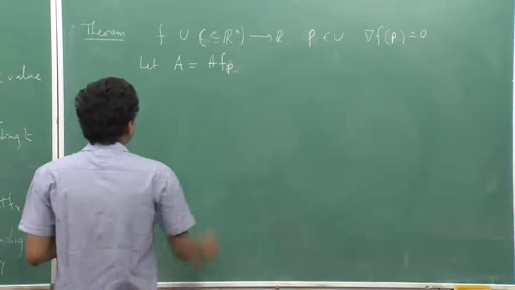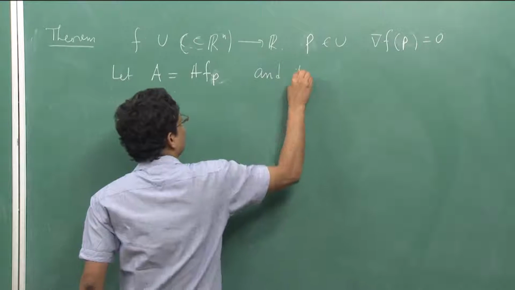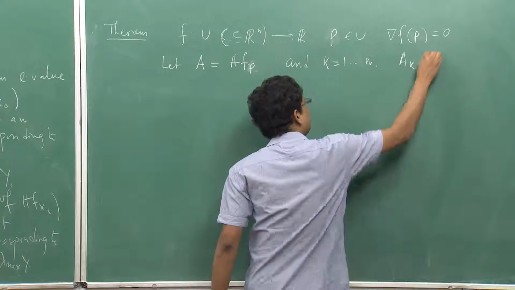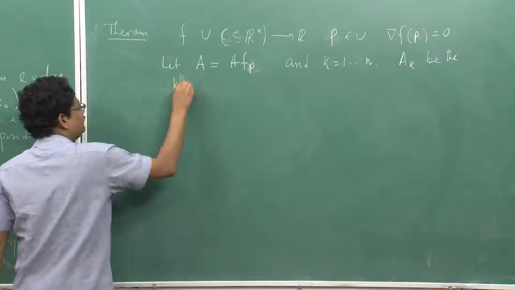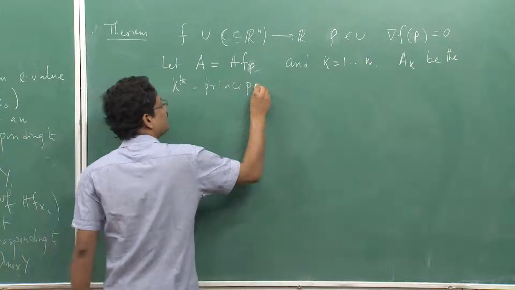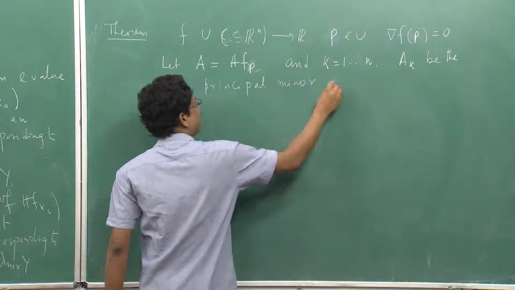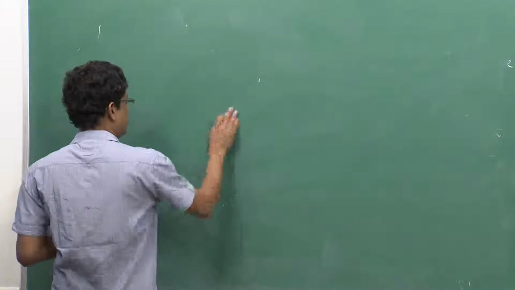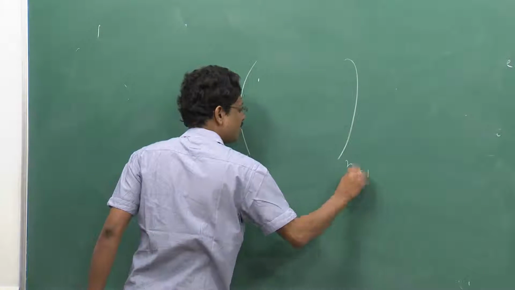So let A be the Hessian, and for k equal to 1 to n, let A_k be the kth principal minor of A. What does it mean? A is this n cross n matrix.